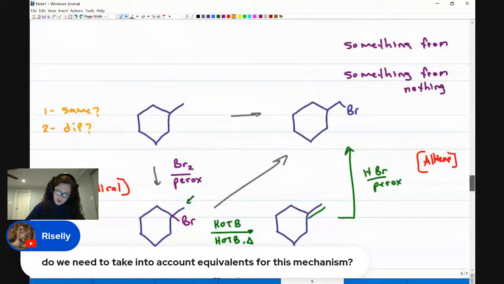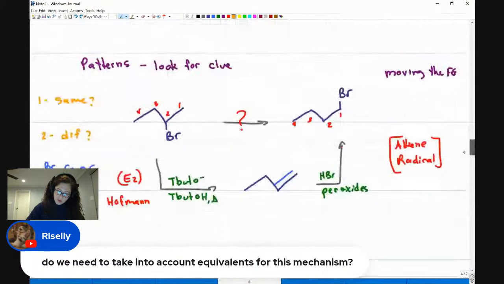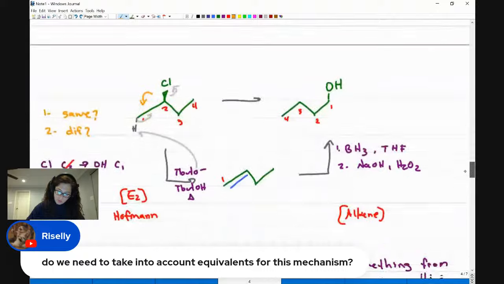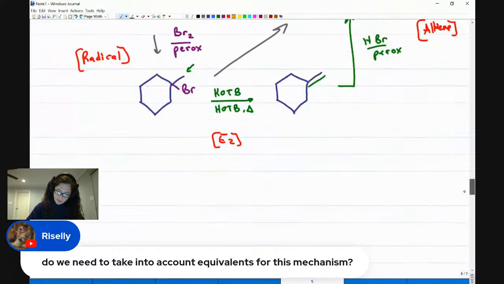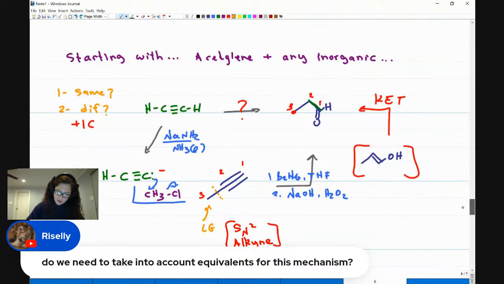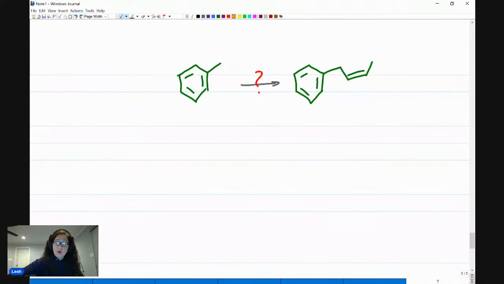But in a previous one, where Nadia had asked about excess, it was one of the earlier questions we did, if you have to use more than one, you can either write excess or you can write how many equivalents are necessary.